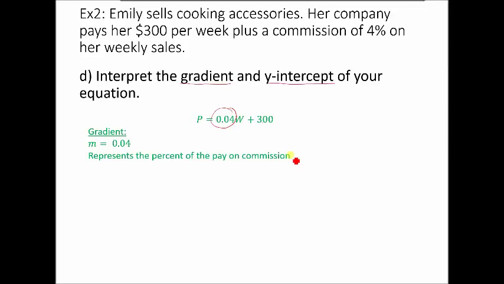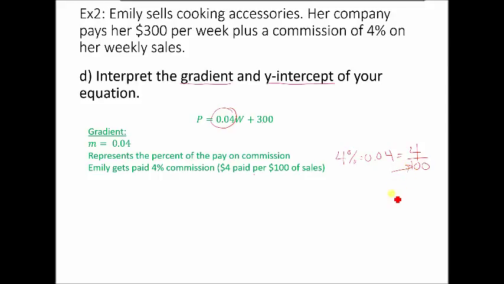Okay, so it's a little bit different than the increase in blah when blah goes up by 1 unit. Well, we know that came from the fact that Emily gets paid 4% commission. But if you want to think of it as an increase of what in terms of the other, so she gets paid an extra $4 for every $100 of sales, because 4% is 0.04 is 4 over 100.